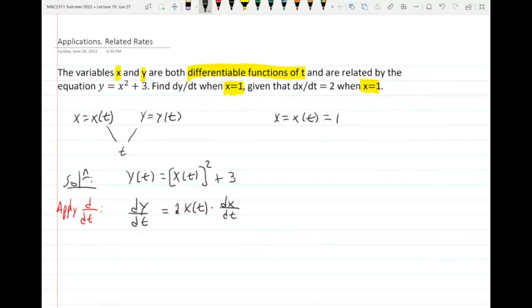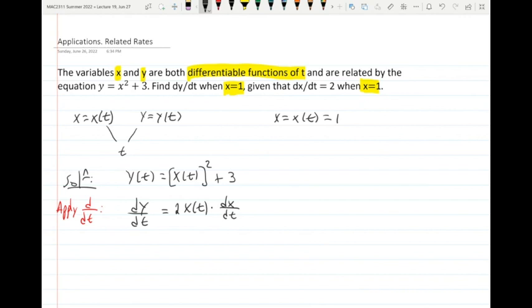So at this moment, when x is equal to 1, for whatever t, I want to know how fast y is changing with respect to time. That's the question. And notice that that's all we need. To find dy dt at that moment, all you need to know is what is x and what's dx dt at that moment. Do you understand this?